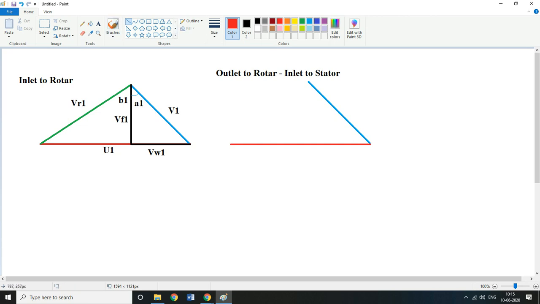Because U1 and U2 are the same, we'll just take it as U. And now the resultant VR1, VR2, and then the usual tangential and radial components, VF1 and VW1.